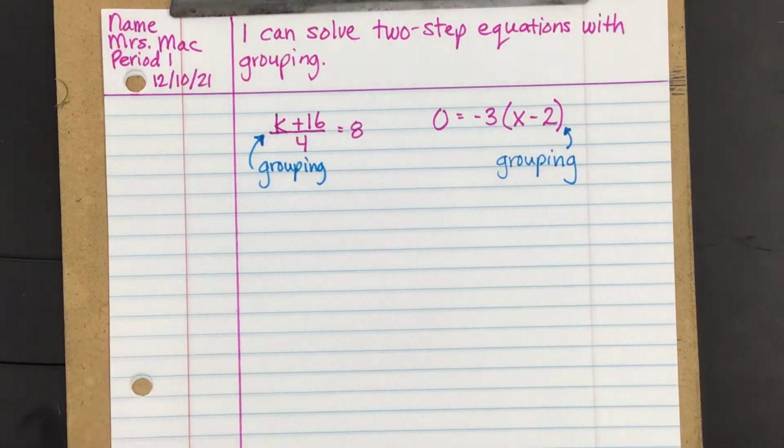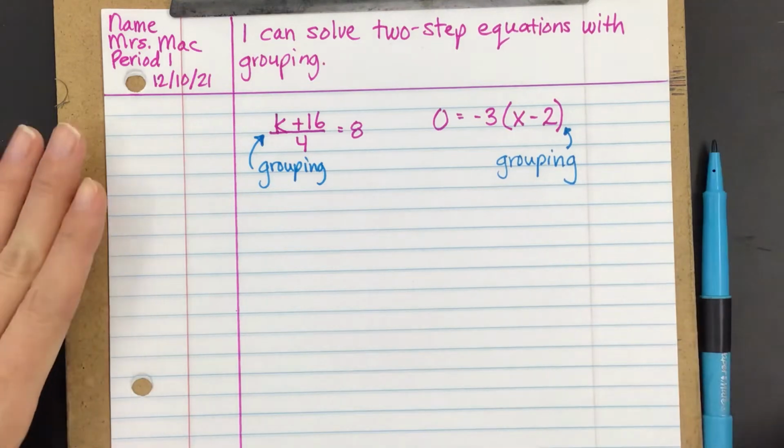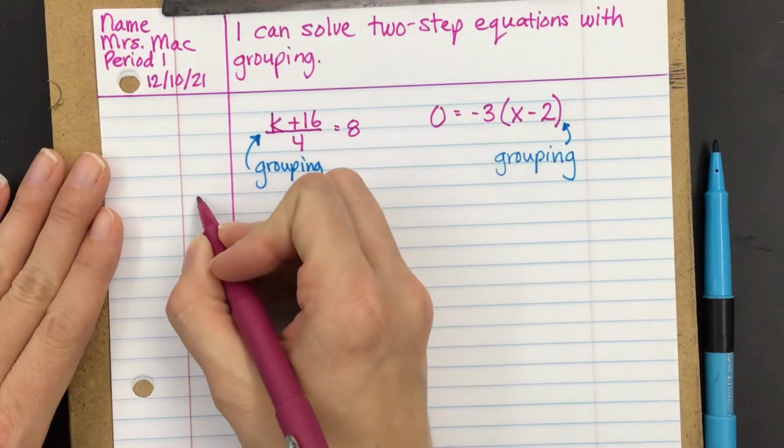Now, when you have grouping in the equation, it's going to change how you approach it. So let me show you, and we'll do an example with each of those so that you can see. So let's start with the first one here.